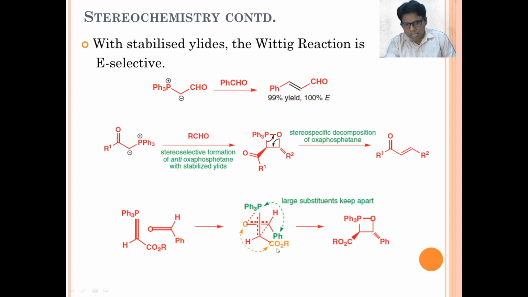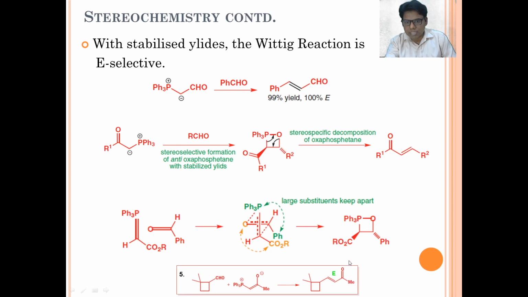When it comes to this side and this cyclic structure opens into planar structure, one is below the plane, second is above the plane, and that is why we get a different structure. When this breaks open, we'll get E product. Like the fifth example was a similar case. This is our stabilized ylide, so the reaction gives you E product.